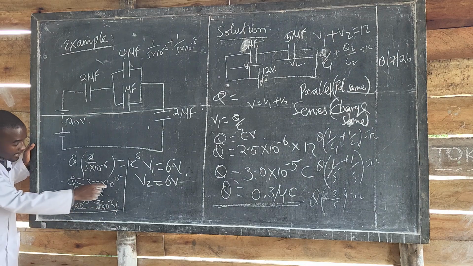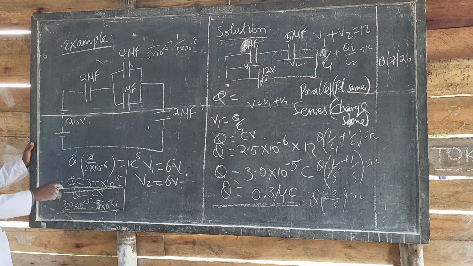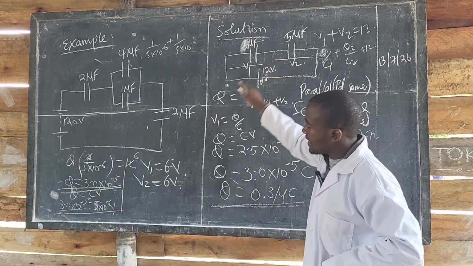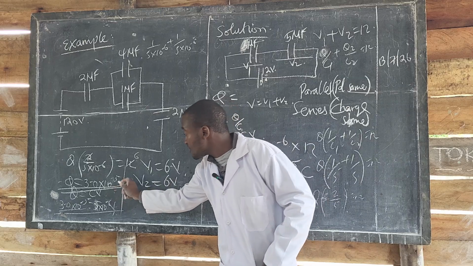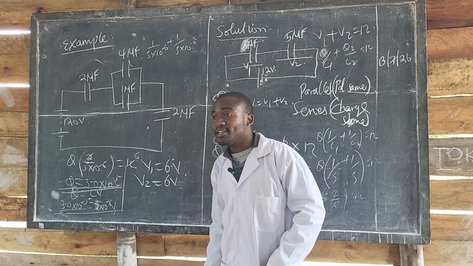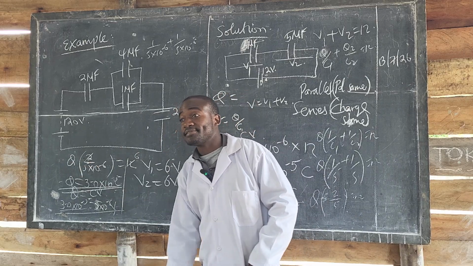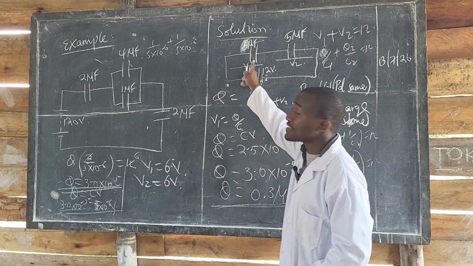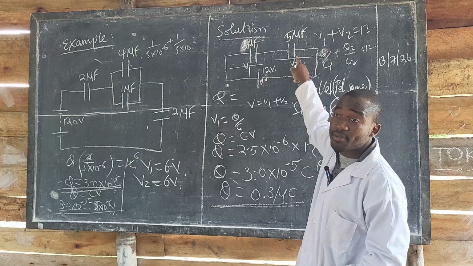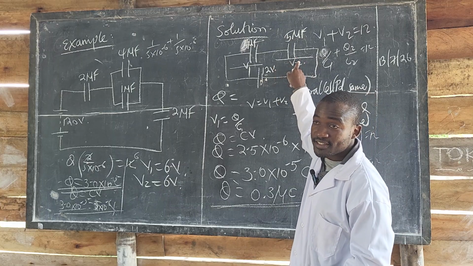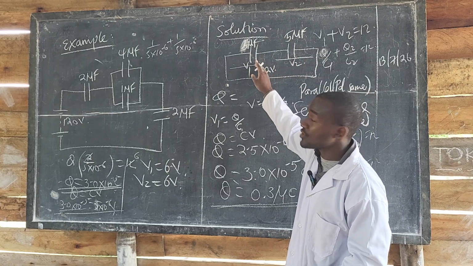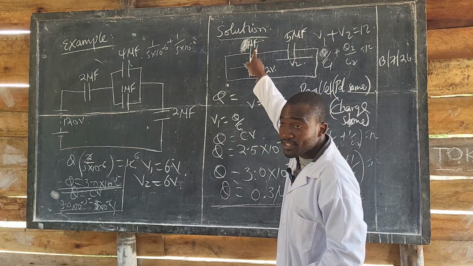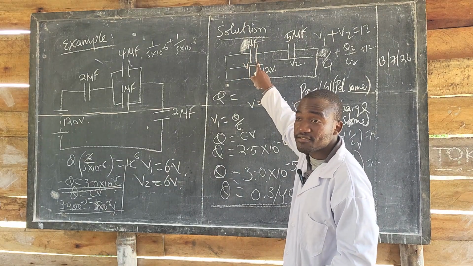After getting Q, the charge on each capacitor, which we calculated as 3.0 exponent negative 5 coulombs, we are now going back to each capacitor to get the PD. If this charge is on this and the same charge is on this because they are in series, then we can split the equations: C equals the charge over V, where V is V1.